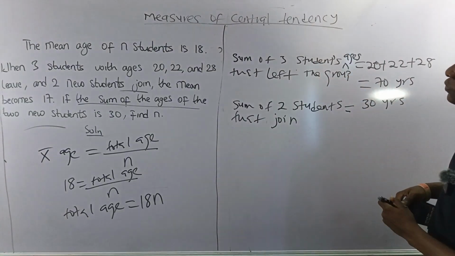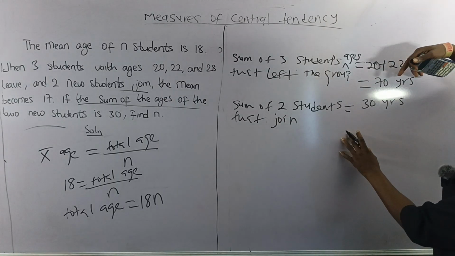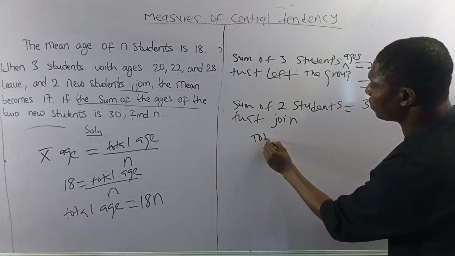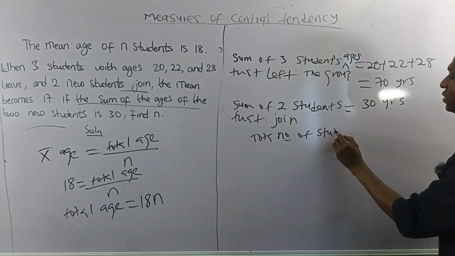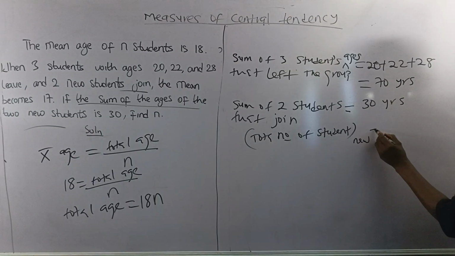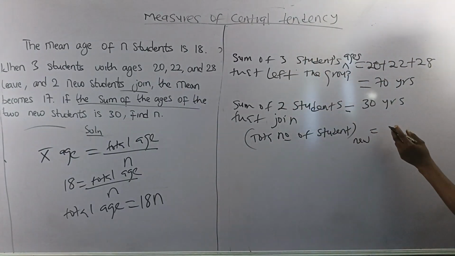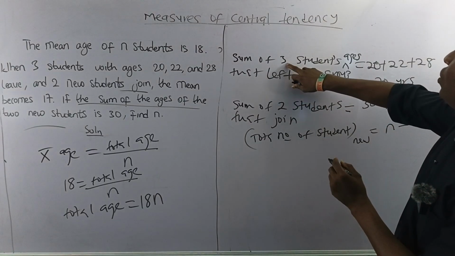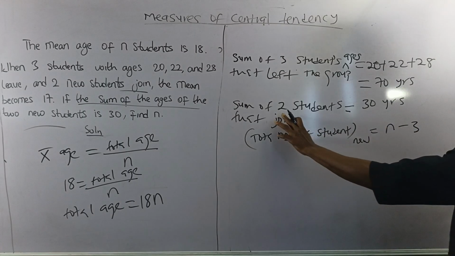Now, we can therefore have the new total number of students equal to n minus 3, since 3 students left, plus 2, since 2 students joined.